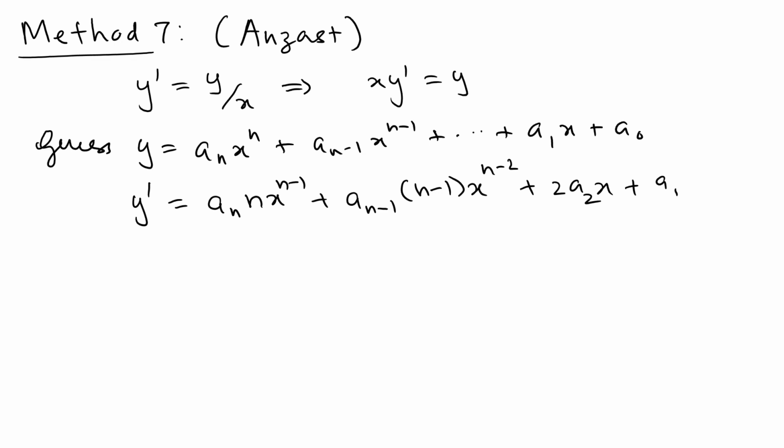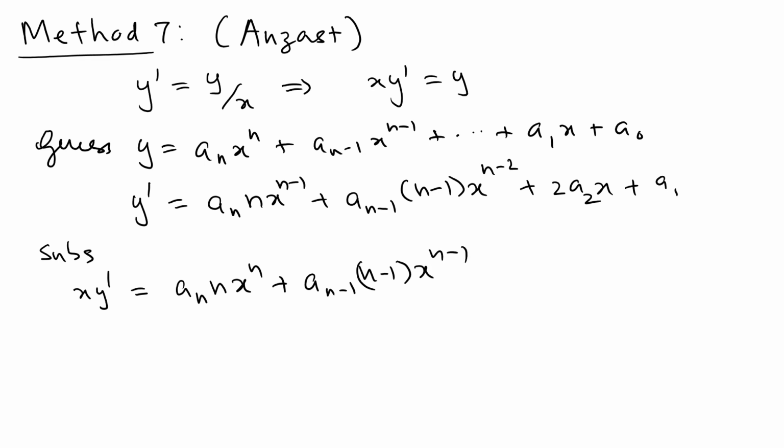Now we're going to substitute. So we have x y prime. If you multiply the y prime terms by x, you're going to get a_n n x^n back, and then this is going to be a_(n minus 1) (n minus 1) x^(n minus 1) like that, and then we have 2 a2 x squared plus a1 x.